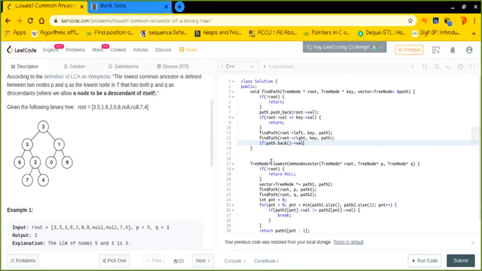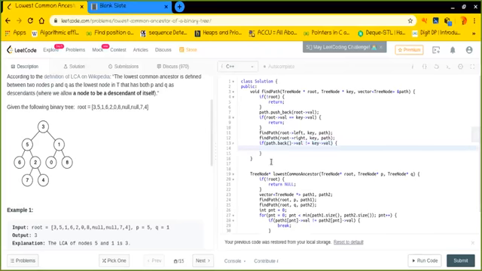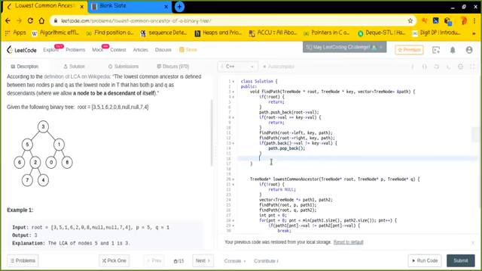So if the value of the last element is not equal to key, then only you need to pop, otherwise you do not need to. Okay, cool. Then I will simply return like a good boy. Yeah, so basically this is it.